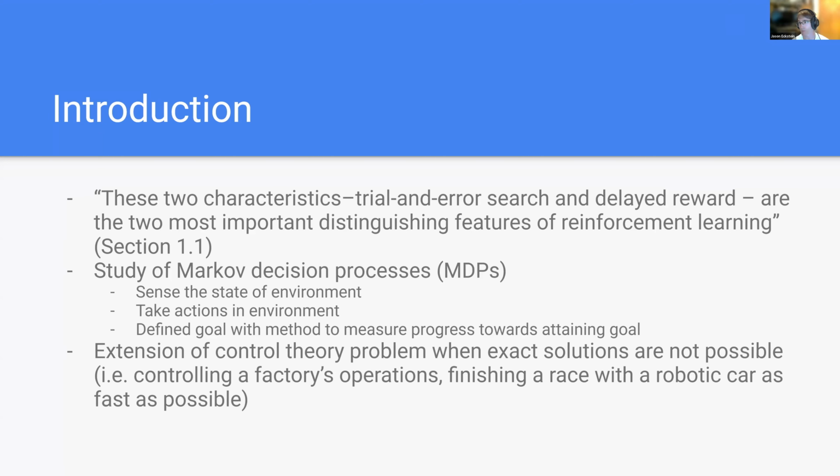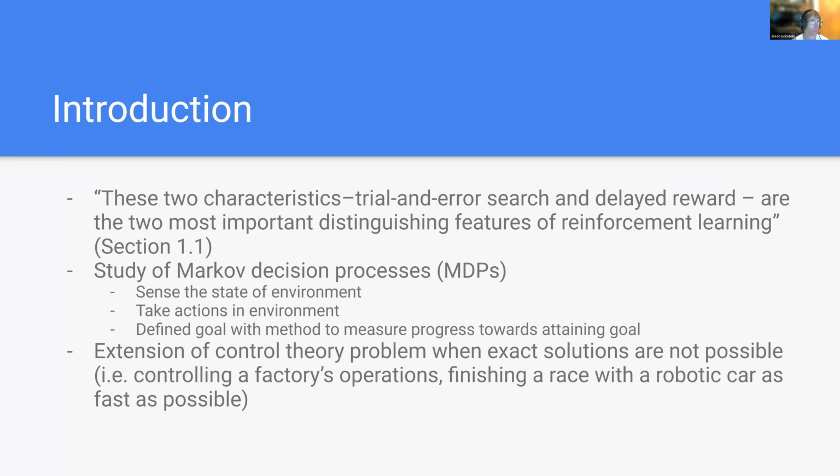Then there is also an action space, which allows you to take actions in the environment. And the third aspect is that there is some reward signal which helps define what is considered important in the environment. The reward signal is what defines the goal of the problem.